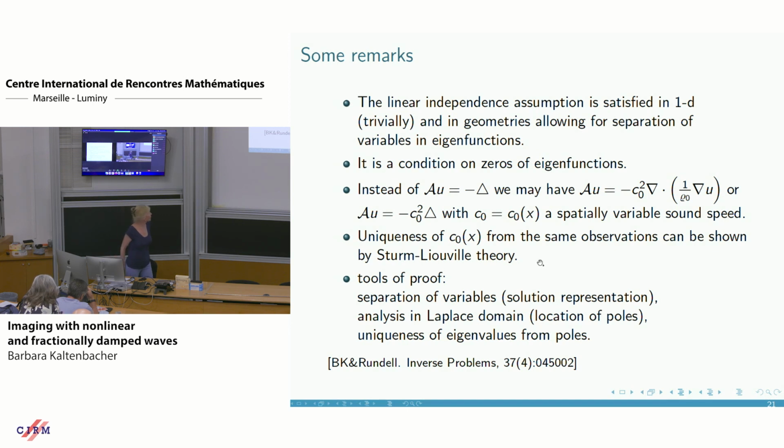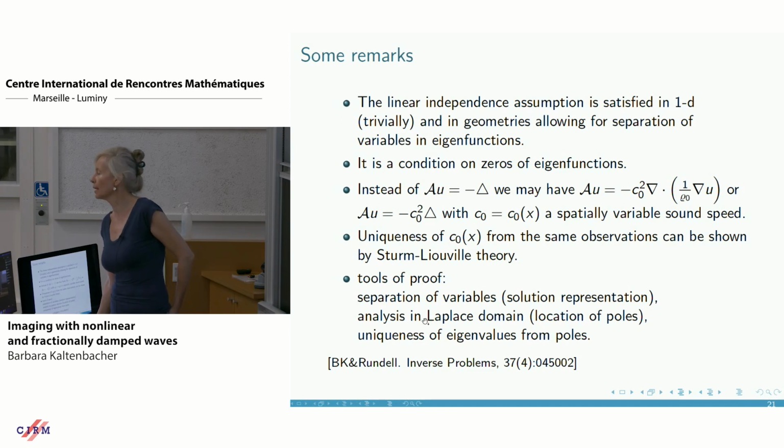So finally, let me just mention what tools we are using in the proof. We use a solution representation by separation of variables. So we write the solution of the PDE as a series expansion in terms of the eigenfunctions. And then what we also do is to Laplace transform the whole thing, to look at it in the Laplace domain. And then it's about the location of the poles.